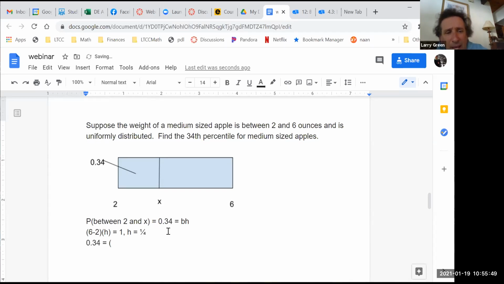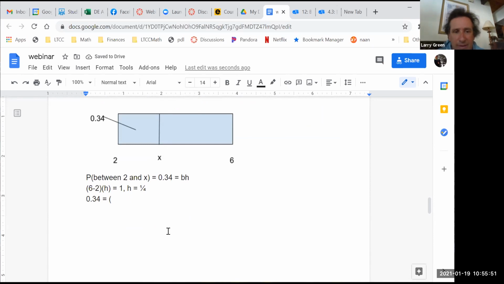Well, what's the base of this rectangle? I'm looking for an expression, not a number. That's a hint. What's the base of this rectangle over here? This piece. An x? No, well, it's not just x. That doesn't quite work.